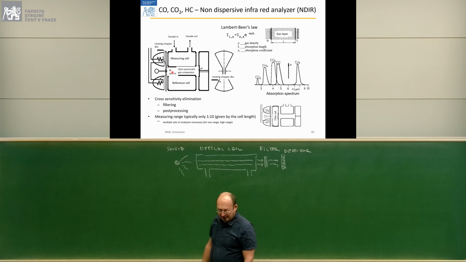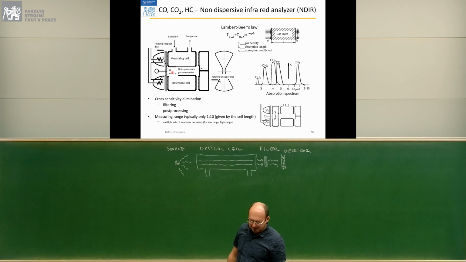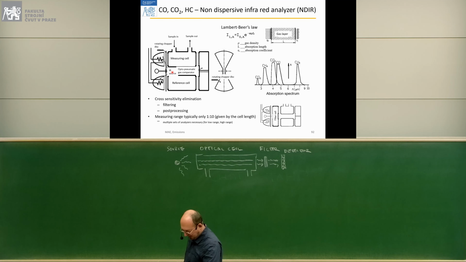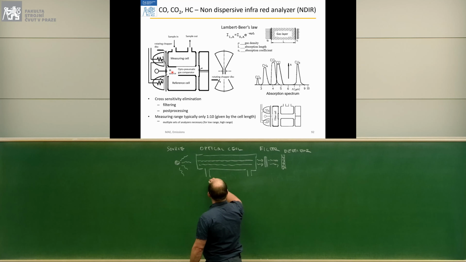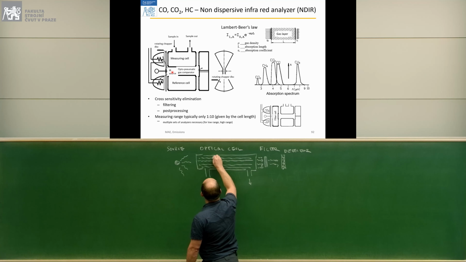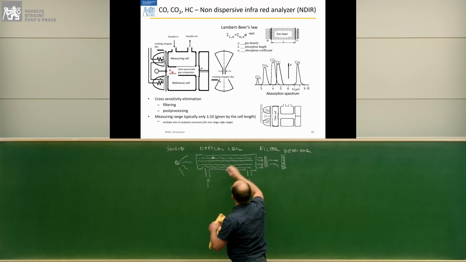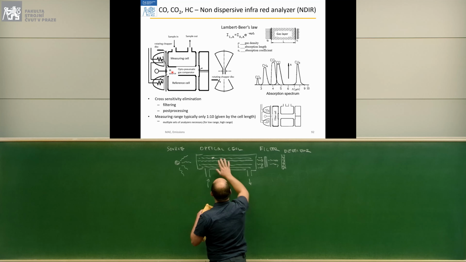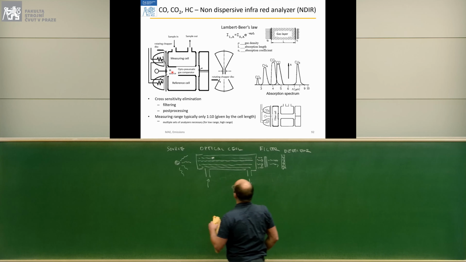Each compound tends to absorb light in a specific wavelength. That's a property of a molecule. It depends on the temperature, and we have a sample flowing through the cell, and a molecule here absorbs light, so this doesn't go through.